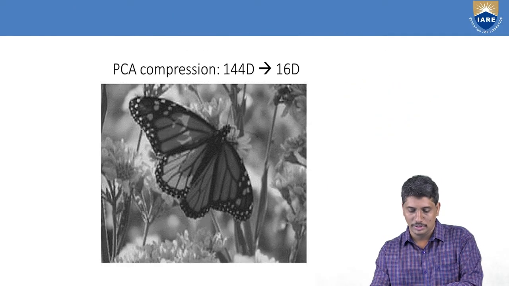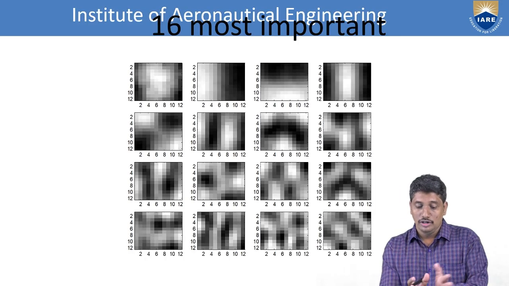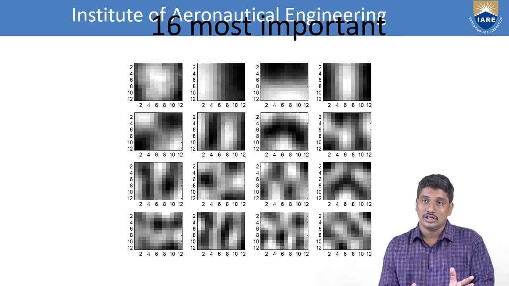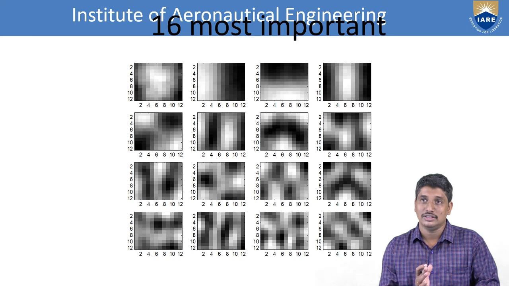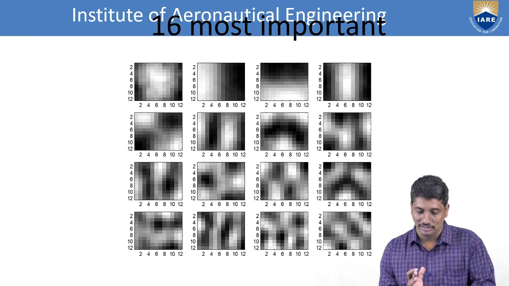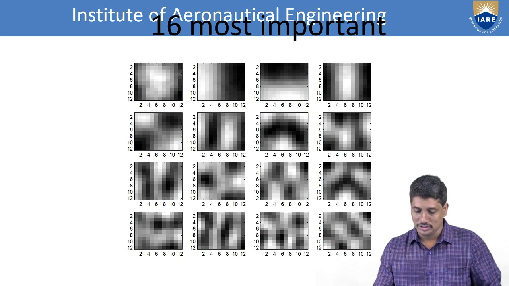But the thing I want to tell you is, when you reduce these 144 dimensions into 16 dimensions, you decompose the 16 dimension matrix into 16 vectors. These are the 16 most important eigenvectors. These 16 eigenvectors play a very important role in reducing the dimension.